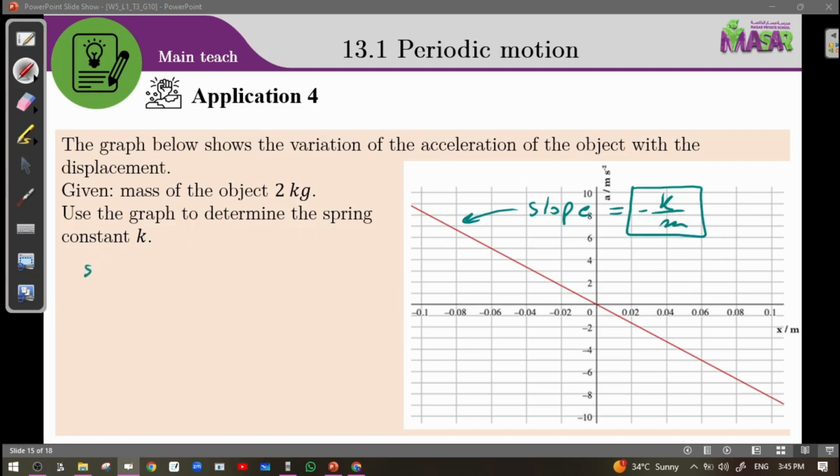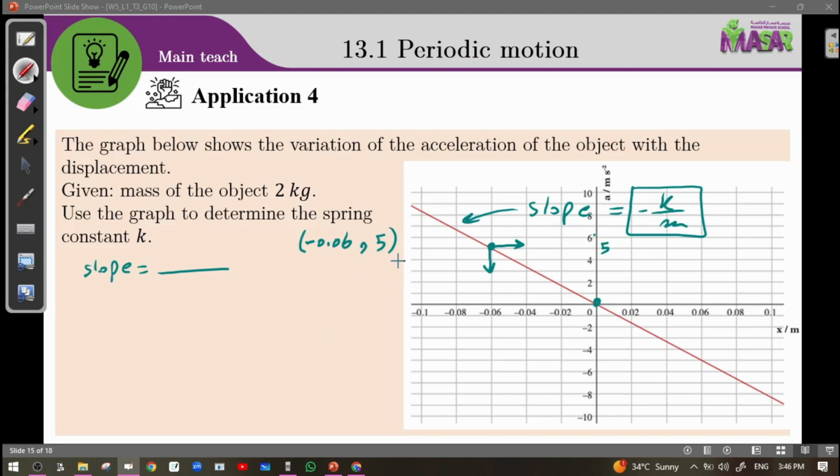So the slope is equal to, we're gonna pick up 2 points. I'm gonna take this one and the origin. So the first point has the following coordinates: minus 0.06 meter, and in the midpoint between 4 and 6, we have 5, so it will have 5 meter per second squared as acceleration.